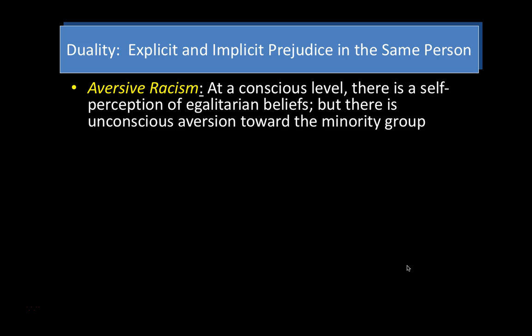There are people whom researchers call aversive racists, who exemplify aversive racism. At a very conscious level, such individuals perceive that they're very egalitarian. Their self-perception is that they're not prejudiced, but at some unconscious level there is some aversion toward the minority group, toward Blacks in this case, among whites.